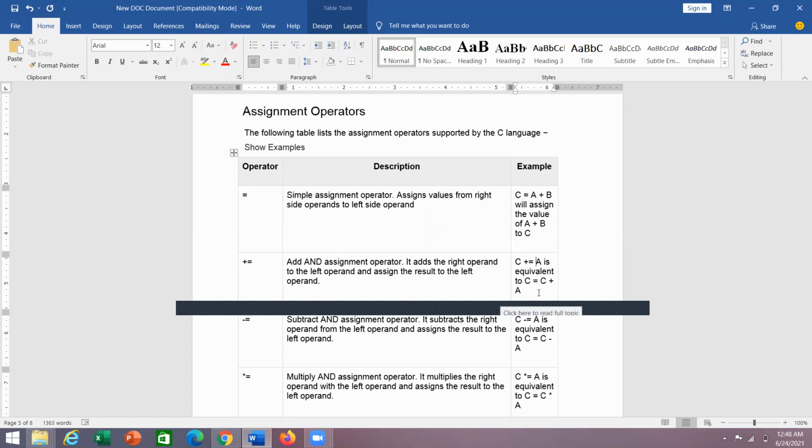So A is 5 and C is 5. 5 plus 5 is 10, it adds the values, and the 10 comes. So the value 10 will be assigned to C.